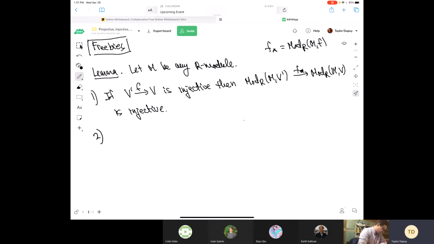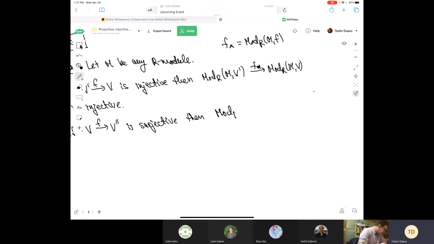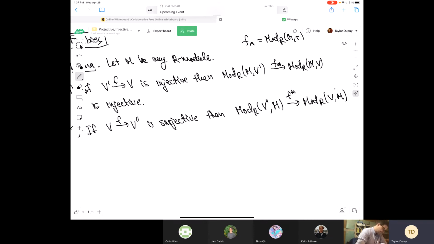Similarly, if this map F from V to V'' is surjective, then the associated map Hom_R(V'', M) to Hom_R(V, M), the other way around with M here, flips the arrows. So F star is injective.